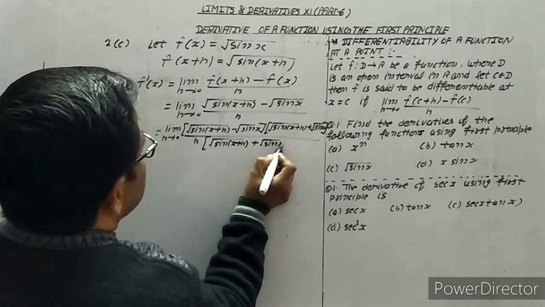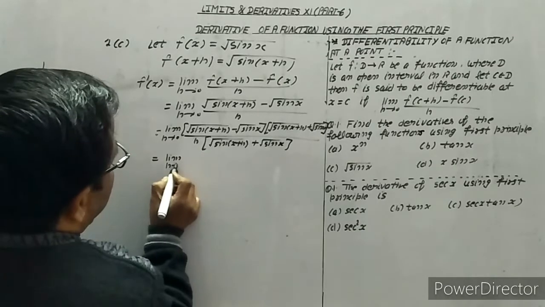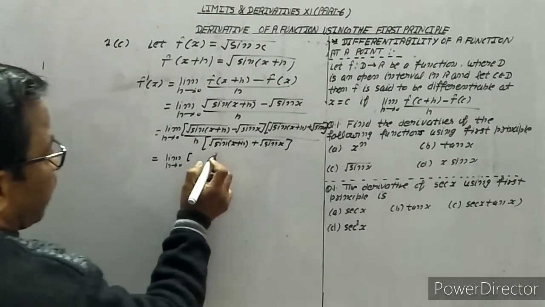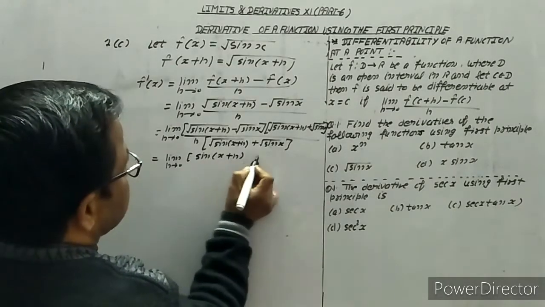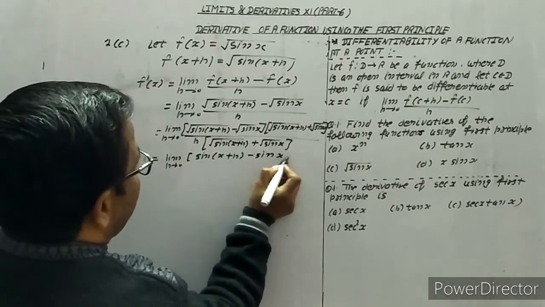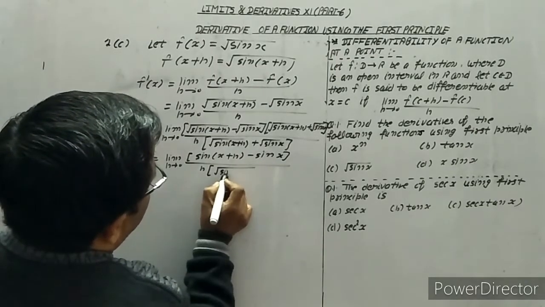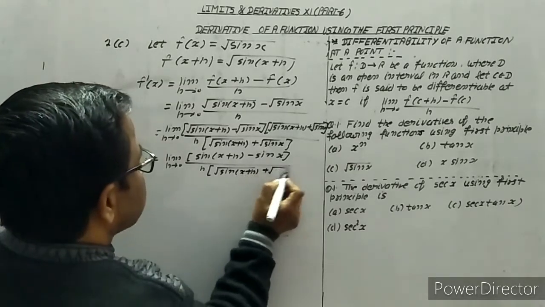Now, since this is a minus b, a plus b, this becomes sin(x+h) minus sin x upon h into root sin(x+h) plus root sin x.